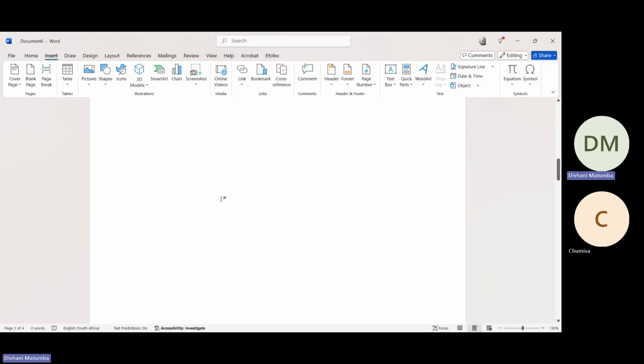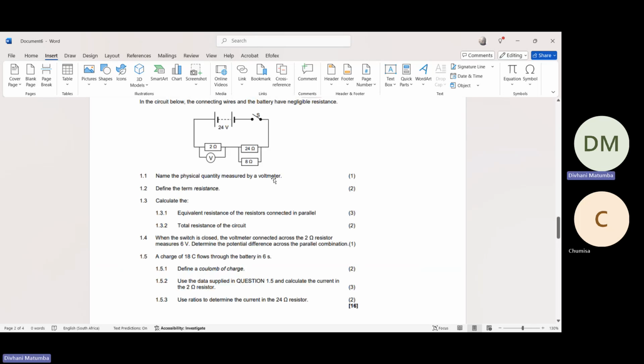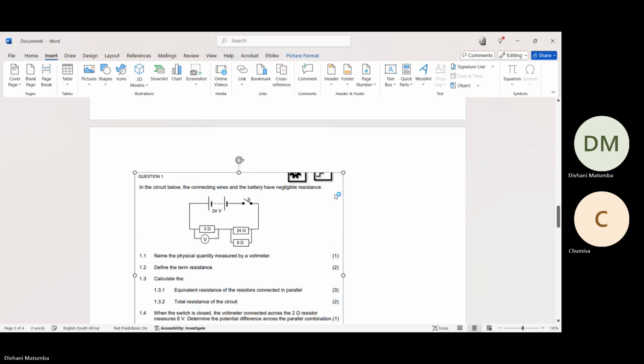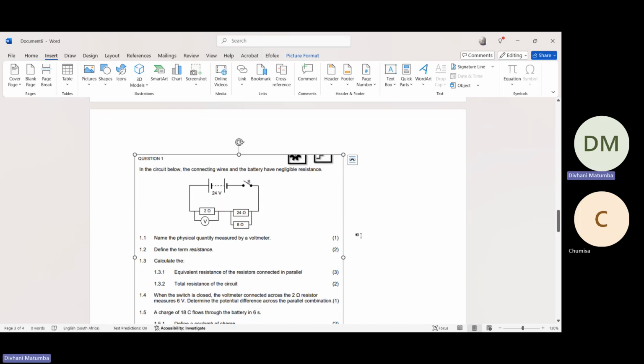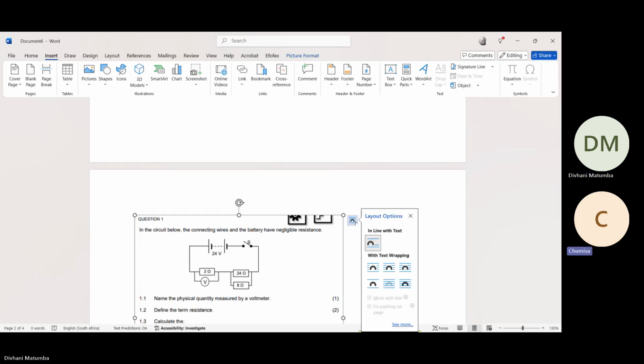Okay. I'm going to put up a question which we're going to do together. And what is a potential difference? What is a potential difference? Between the ends of a conductor, it is equal to the energy transferred from electrical to other forms of energy.